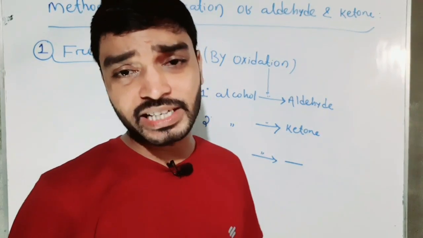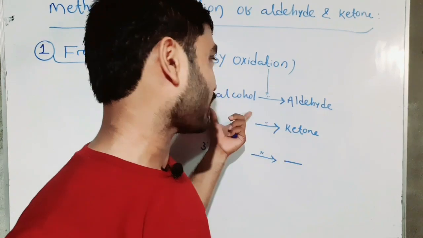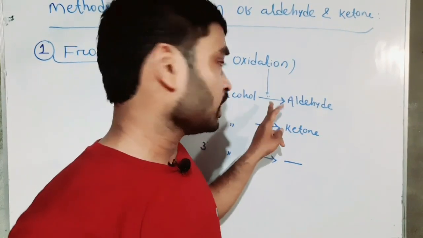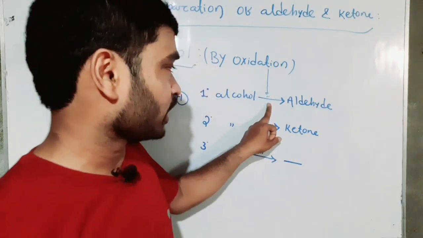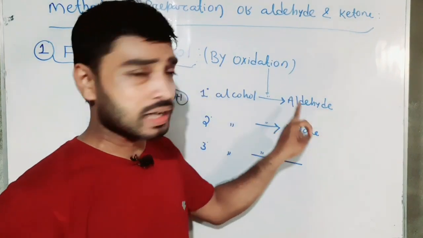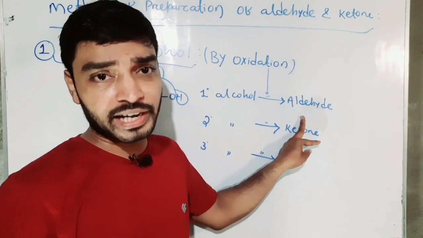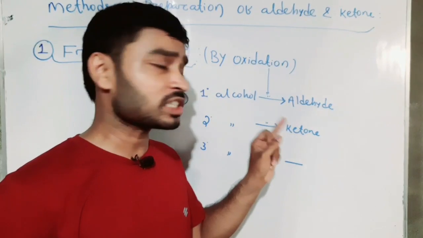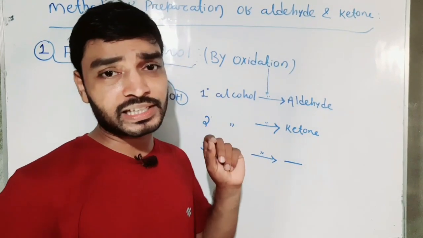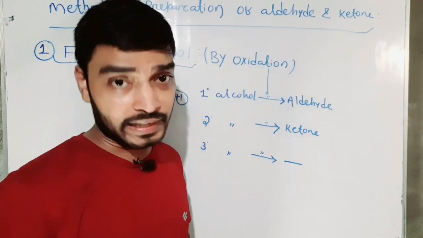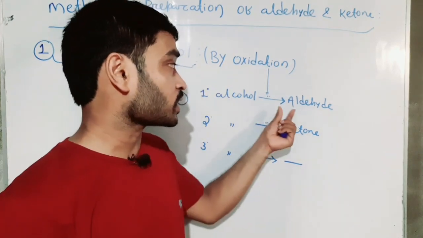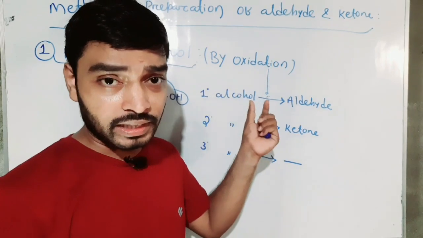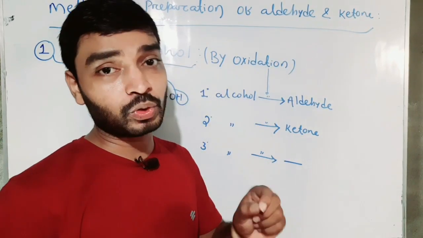If you take acidified potassium dichromate for oxidation of alcohol to aldehyde, it will not be possible directly, because acidified potassium permanganate or potassium dichromate only produces carboxylic acid, not aldehyde directly. So for oxidation of alcohol to aldehyde, we always take PCC, pyridinium chlorochromate.